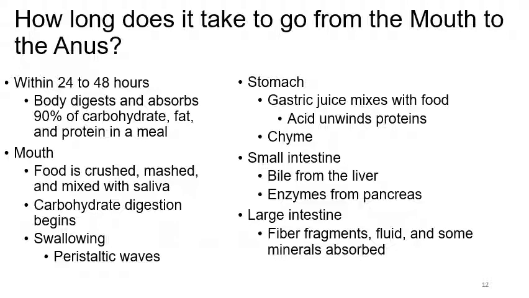In the stomach, the gastric juice mixes with food, acid unwinds protein, and there's also chyme. In the small intestine, remember the bile is produced by the liver and stored in the gallbladder. Enzymes from the pancreas go and visit the small intestine. In the large intestine, there are fiber fragments, fluids, and some mineral absorption.